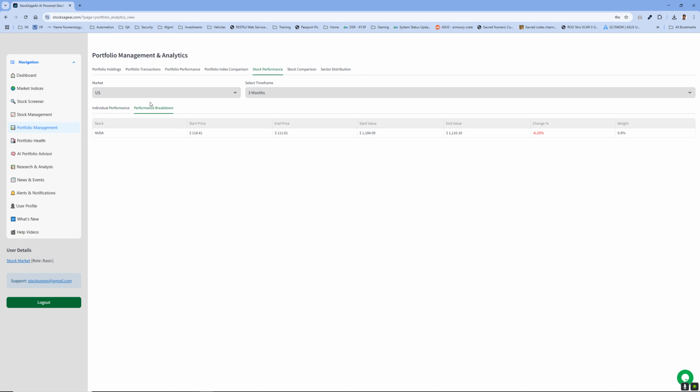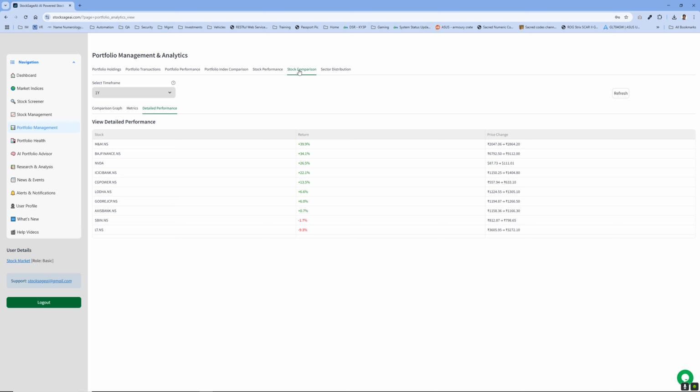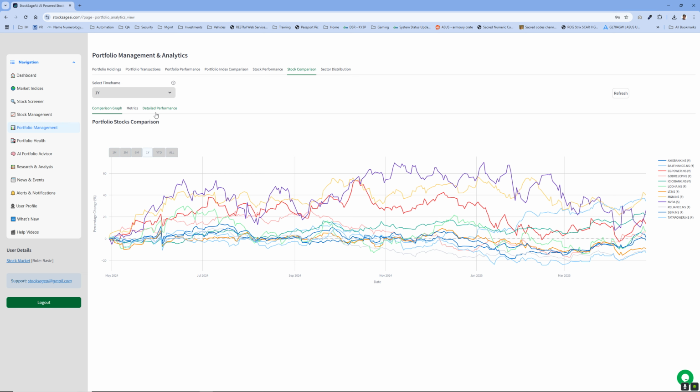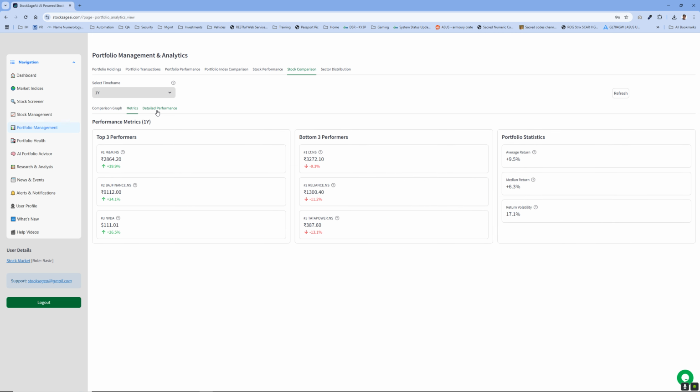Going to the stock performance, you can actually look at US performance. For the US market, we have NVIDIA, and like I showcased earlier for India, it will now show both the markets since I've invested in both the markets. Moving to the stock comparison, again, this would be a consolidated list overall, which you can view.